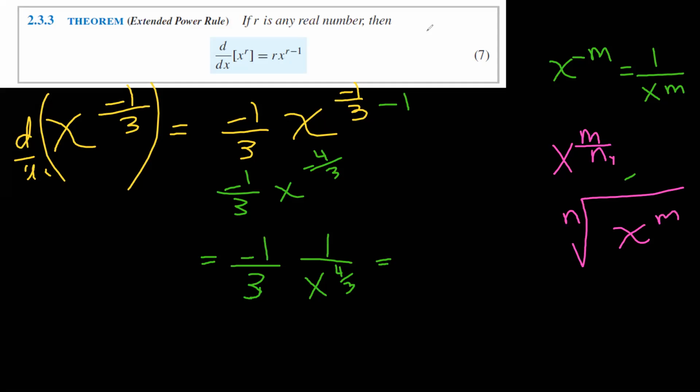N is down, I keep it down, and m is up, I keep it up. So x raised to the power m over n is the nth root of x raised to the power m. So here, x raised to the power 4 over 3. How can I rewrite it now?